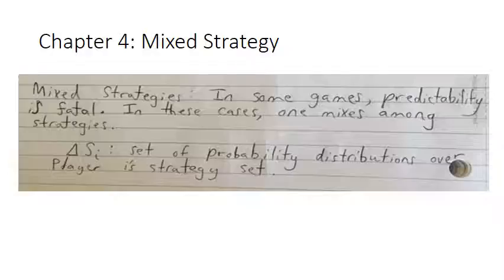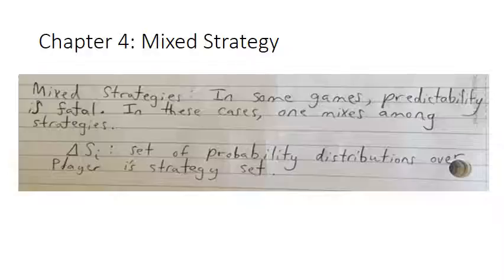The pitcher has a set of probability distributions over which he or she can choose between pitches. Let's say the pitcher has a fastball and a breaking ball. One possibility is that the pitcher could throw fastball 80% of the time, breaking 20% of the time. That's one possible probability distribution over player i's strategy set.